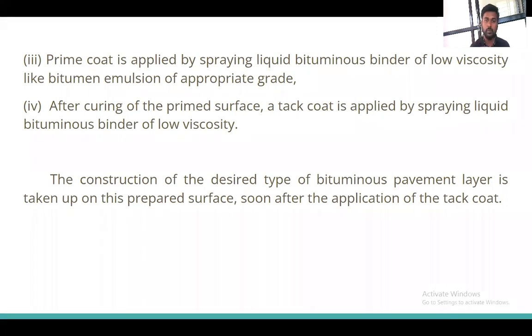Prime coat, then the material, then tack coat, then the surface layer. Okay, likewise, we have to go for it. The construction of the desired type of bituminous pavement layer is taken up on this prepared surface soon after the application of the tack coat. Okay, after the application of the tack coat, what we have to do? We have to go for the construction of the desired type of bituminous pavement.